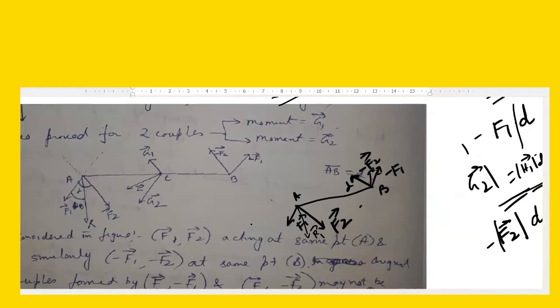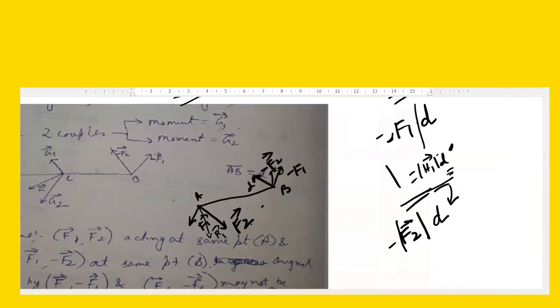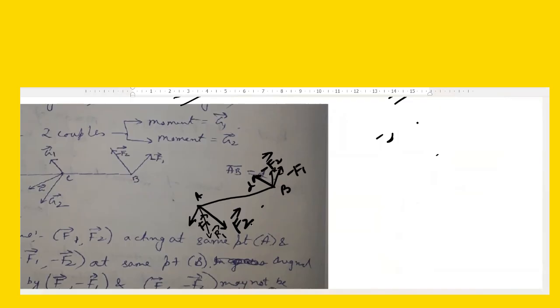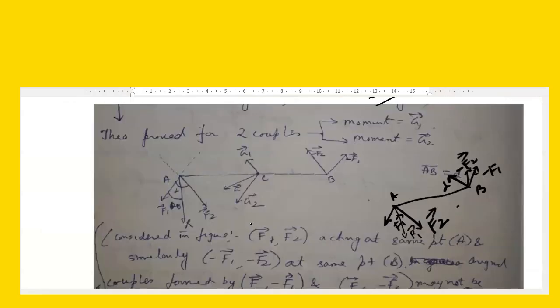They directly put F2 and minus F2. The question arises, can we really put it? Will the theory be violated if I do this? I just explained that the theory will not be violated, because you are using tools for equivalence of two systems of forces, via which you can just put it like that.